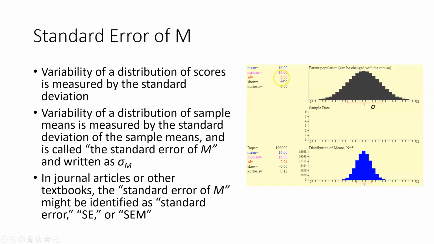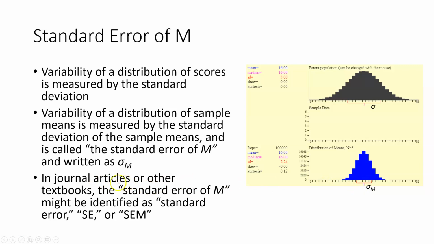In the population here, it's 5 points. And the variability of a distribution of sample means here is measured by the standard deviation of the sample means, which is 2.24, and is called the standard error of the mean. It's written sigma sub m. So this red bar, which is shorter than the parent population red bar, is indicated as sigma sub m.